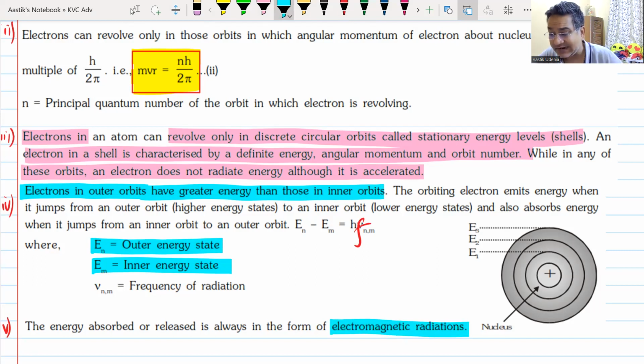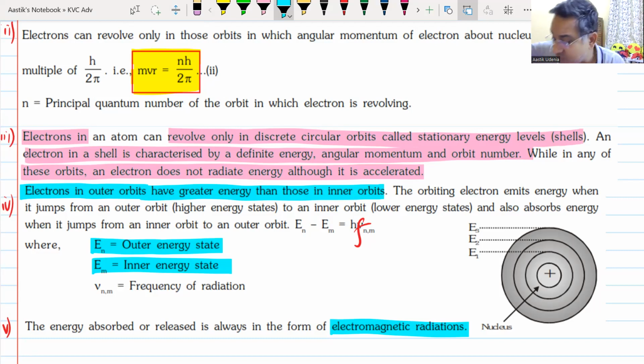When they are in their stable energy shells, they do not emit any electromagnetic radiation. They can always jump from higher to lower, because higher has more energy and lower has less energy, but they cannot jump from lower to higher. To move from lower to higher, they must be given energy. Do we understand this? Yes, sir.